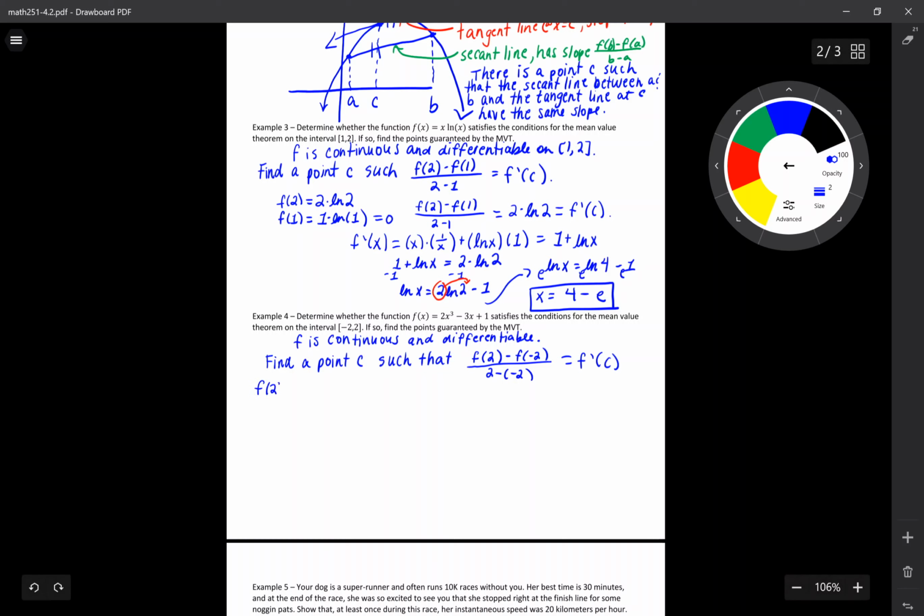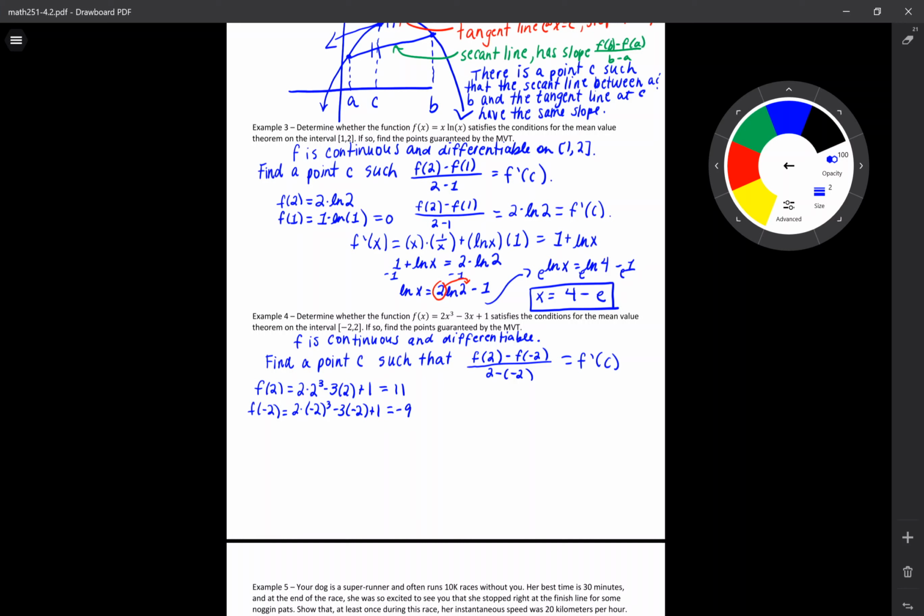F of 2 is equal to 2 times 2 cubed minus 3 times 2 plus 1, which is equal to 11. And f of -2 is equal to 2 times negative 2 cubed minus 3 times negative 2 plus 1, which is equal to negative 9.